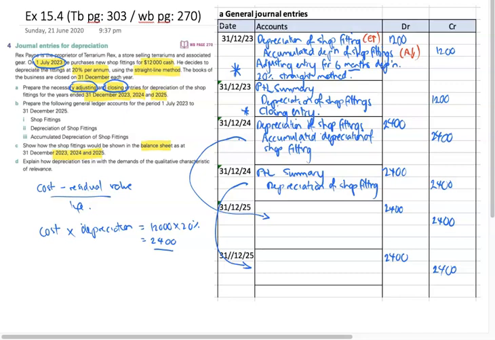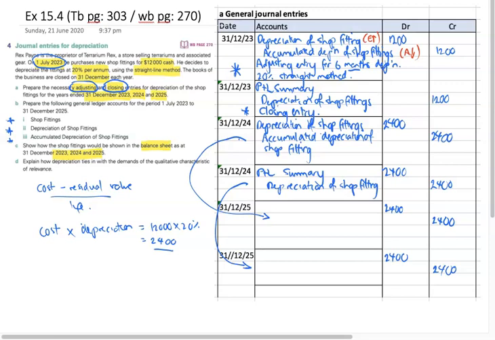Just double check the solutions to be clear that you know what you've been doing to confirm your narrations, but that is the process. You would then use all that information to pick up and record this in your shop fittings ledger, your depreciation of shop fittings, and your accumulated depreciation of shop fittings ledgers to identify all the information that you need to update.